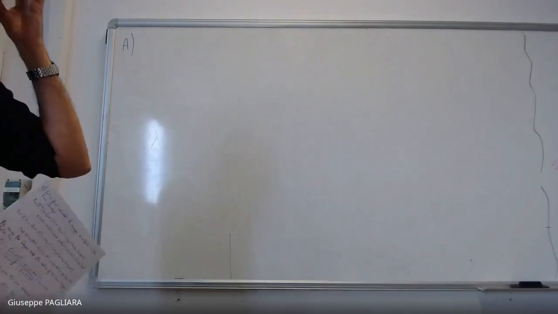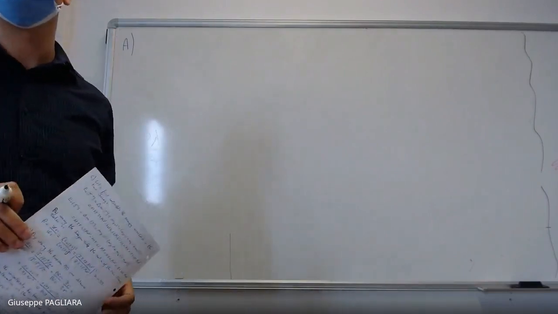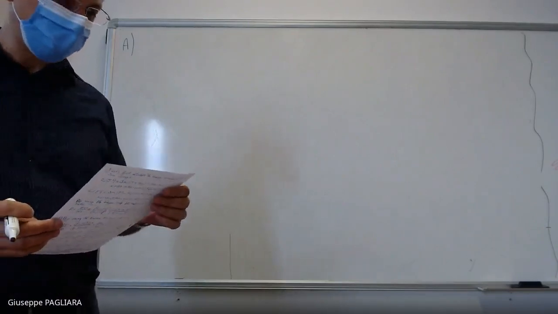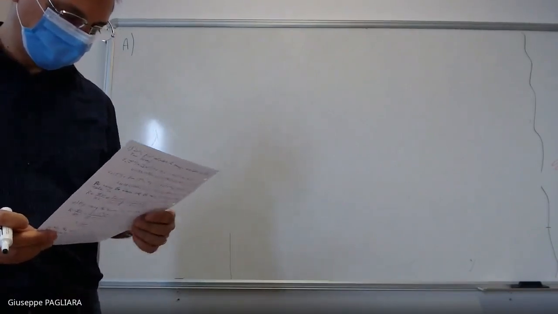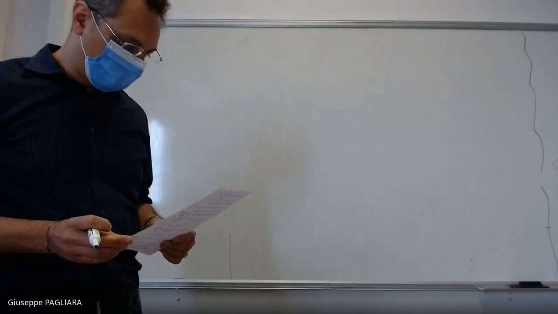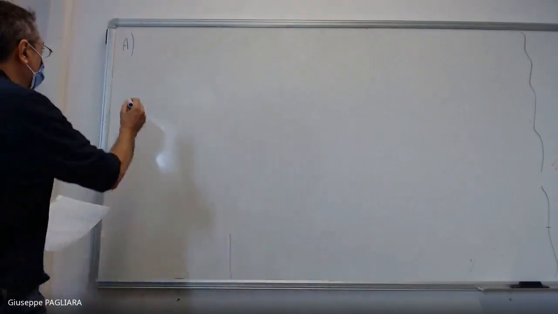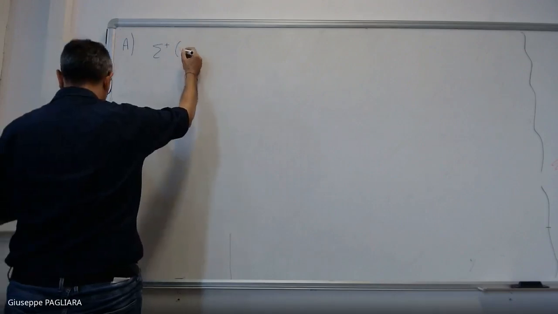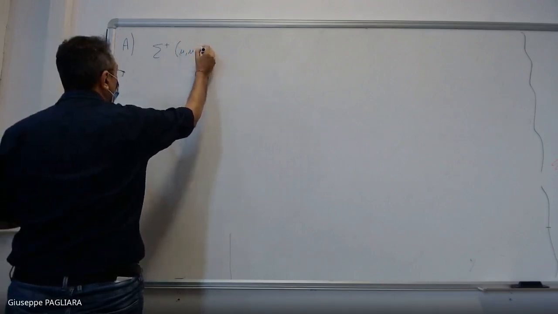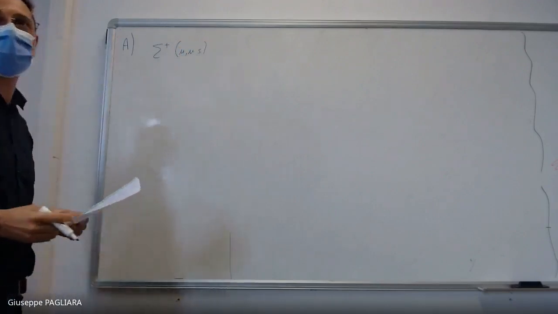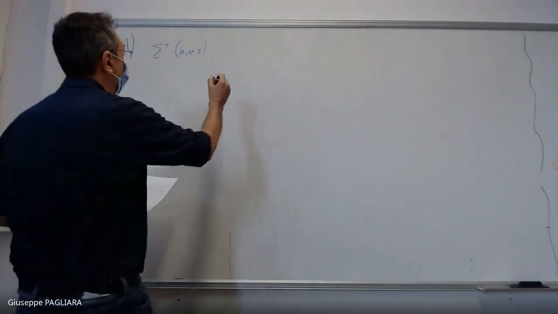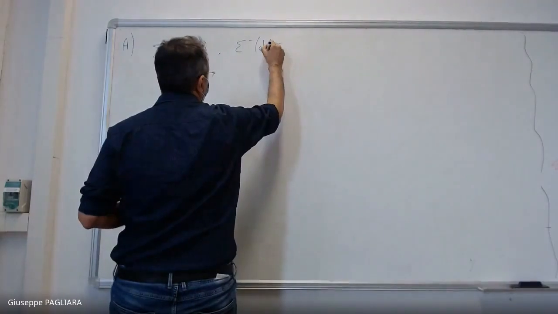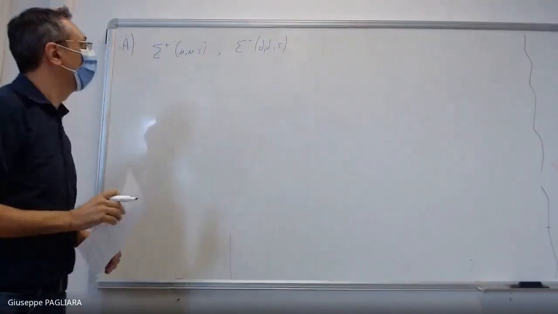Do you remember the quark composition of these objects? Okay, I'll tell you. So the sigma plus is a UUS object, okay? And the sigma minus is a DDS atom, okay?